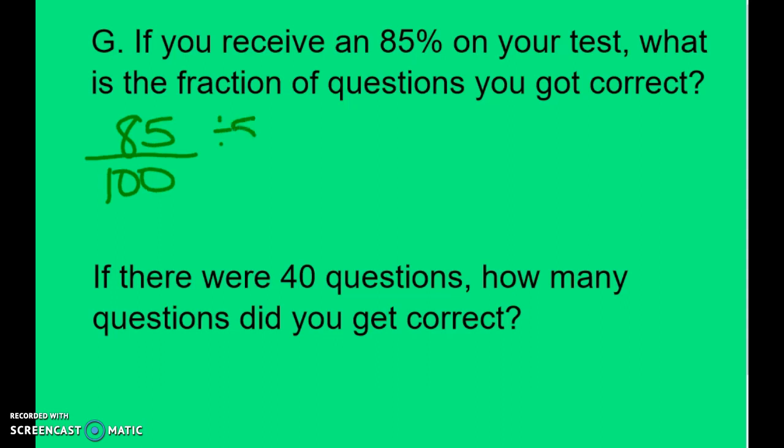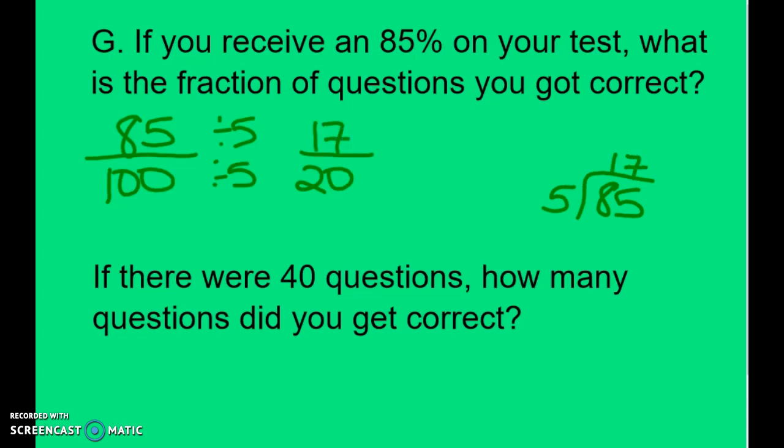I'm going to divide by 5 on the top and the bottom because I know that's a number that we can divide by. 85 divided by 5 is 17. So I got 17 out of 20, 20ths correct. Okay, doesn't mean I got 17 questions right. I got 17 20ths of the test correct.